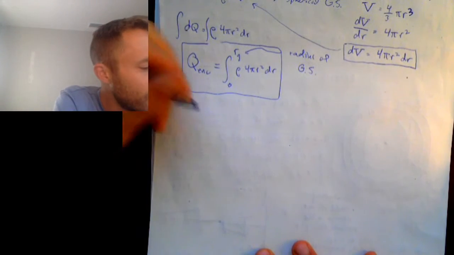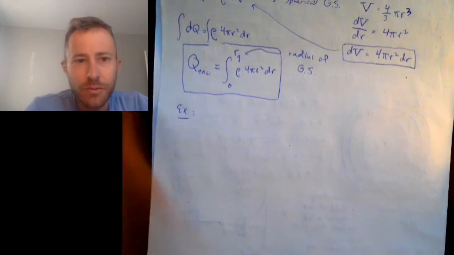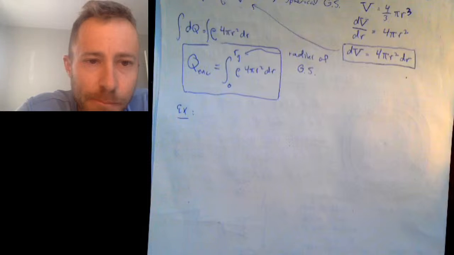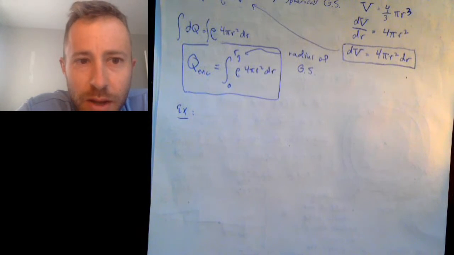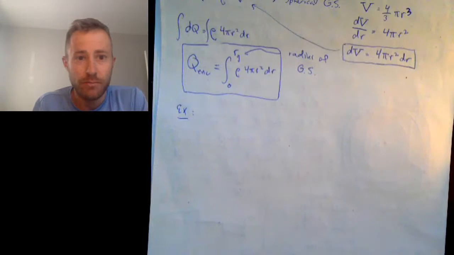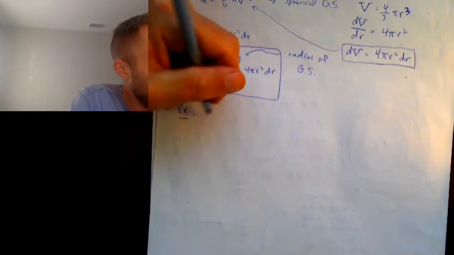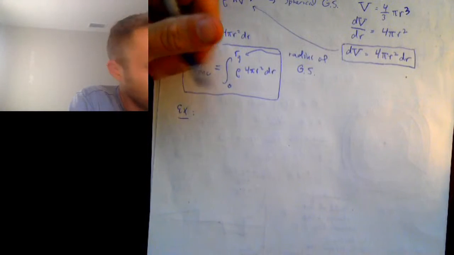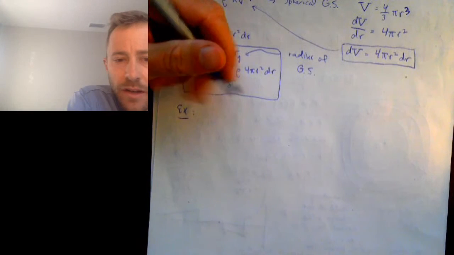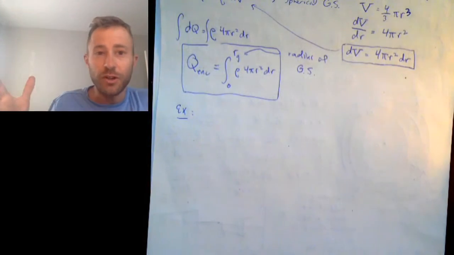Okay, so let's do an example. Have you guys ever heard of how if you have a hydrogen atom, or any atom, the electrons are actually in a cloud? Okay, so it turns out that the electron cloud is basically like a cloud of charge density.